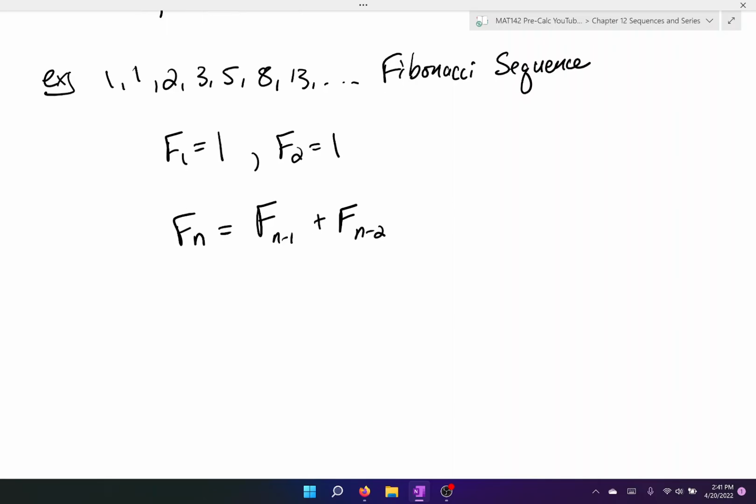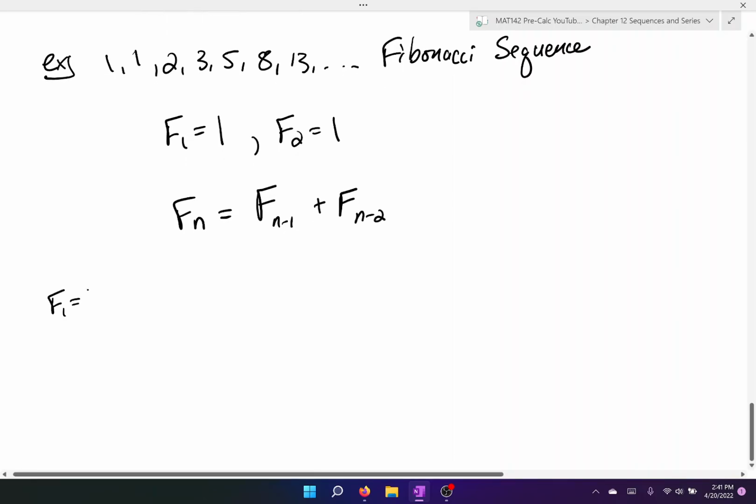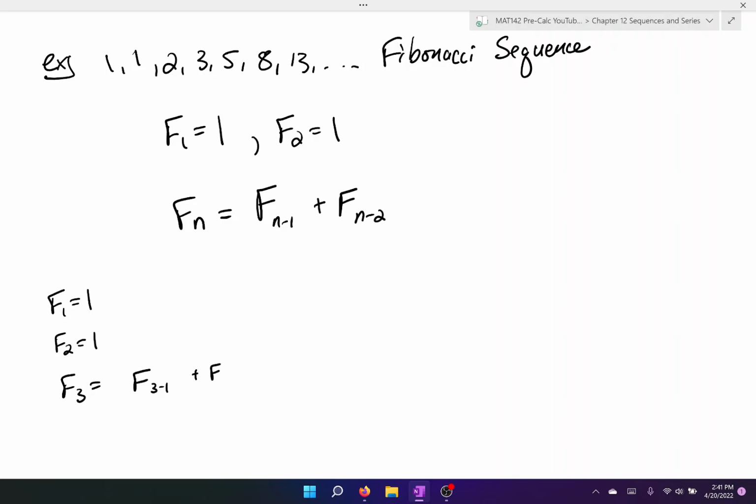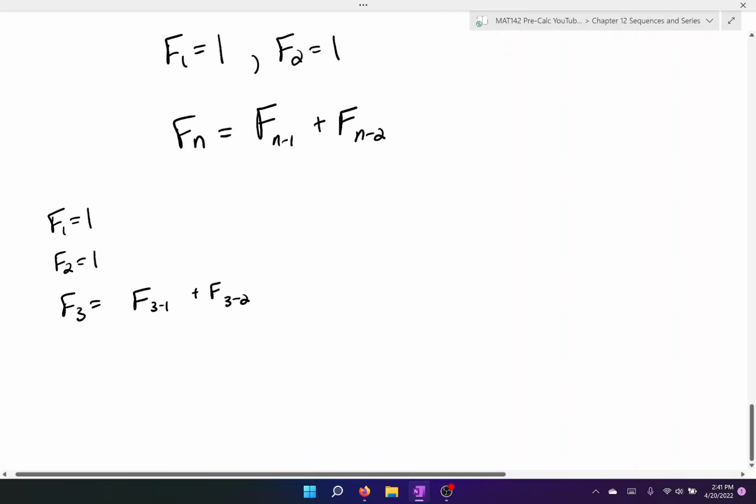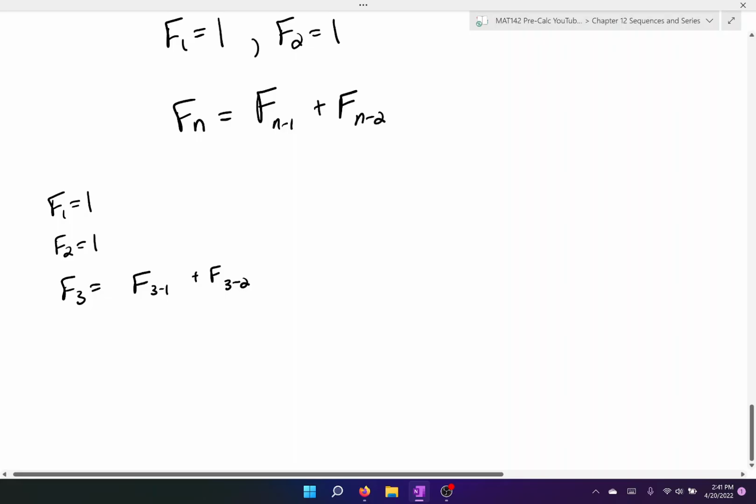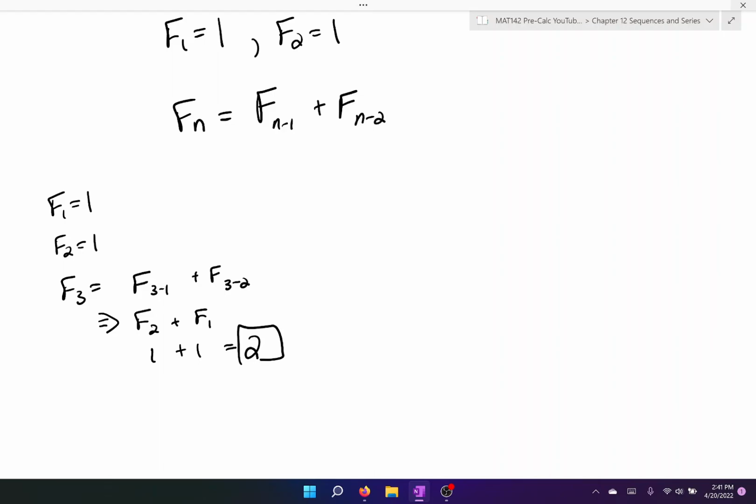Okay? So if we know f1 equals 1 and f2 equals 1, f3 is going to be f sub 3 minus 1 plus f sub 3 minus 2. And if we simplify that, that's going to be f2 plus f1. Therefore, 1 plus 1 equals 2. So our third Fibonacci number is 2.